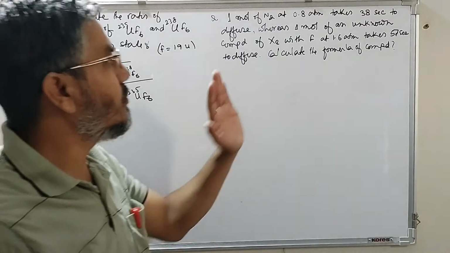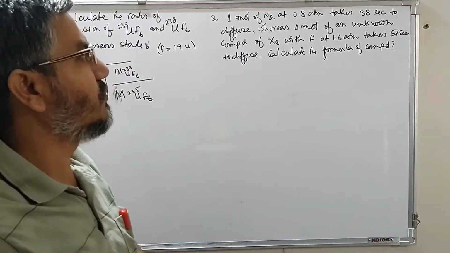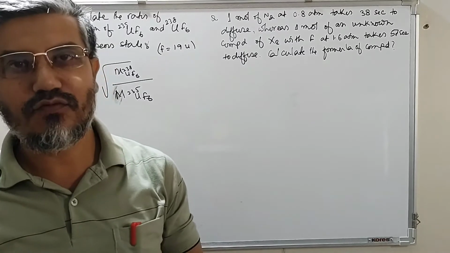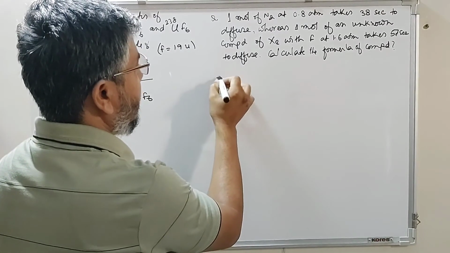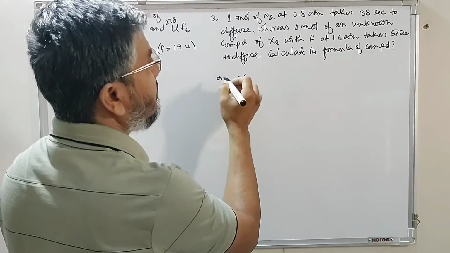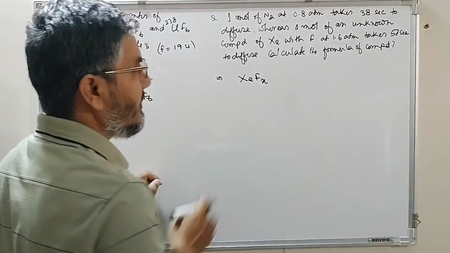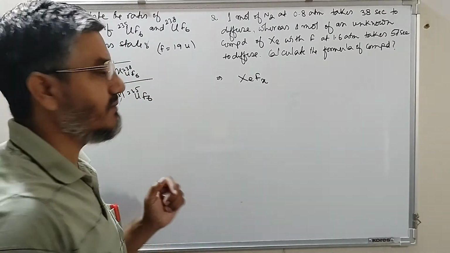Calculate the formula of the compound. So we have to find the formula of the compound formed between xenon and fluorine. Let the formula of the compound be XeFx. We have to define this x, and once we know the value of x, we can easily define the formula.